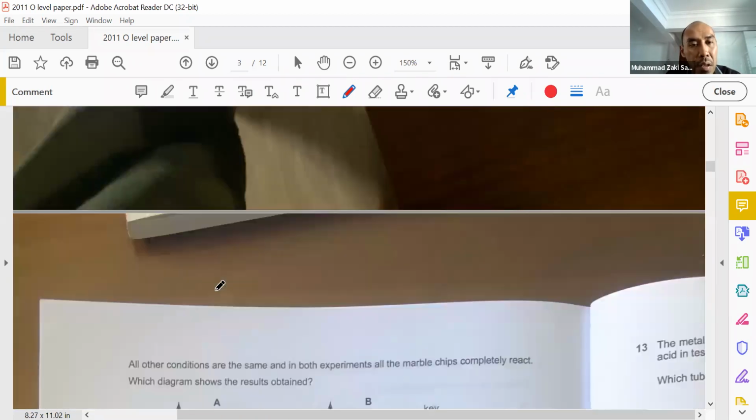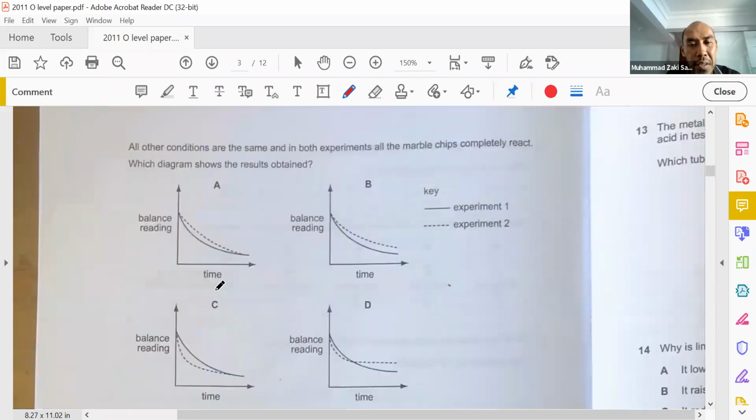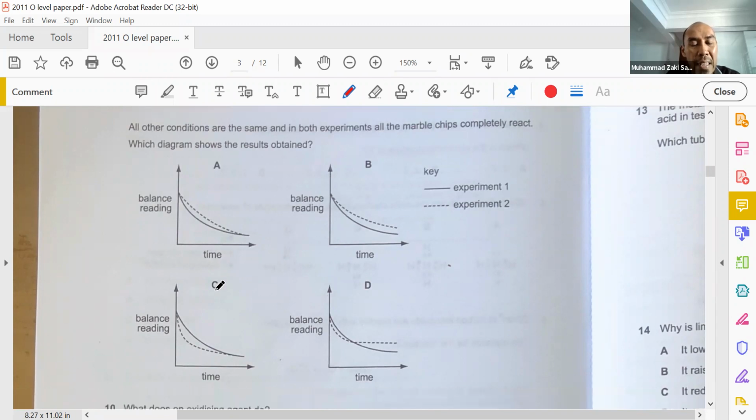So number 2, let's see. Experiment 2 should be more concentrated, so Experiment 2 should be faster. Faster means you end earlier. When you look at this, Experiment 2 is the dotted one, and it looks like the 2 is slower. So A is wrong.